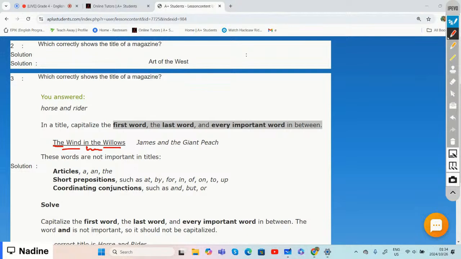All right. So once again, we see that when it comes to titles, we capitalize the first word, we capitalize the last word, and every important word in between we capitalize, right?